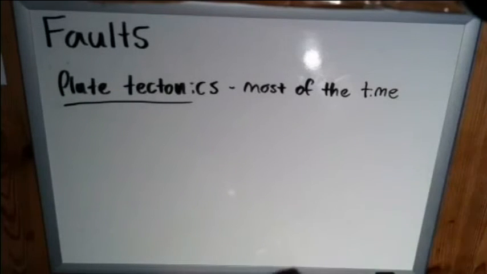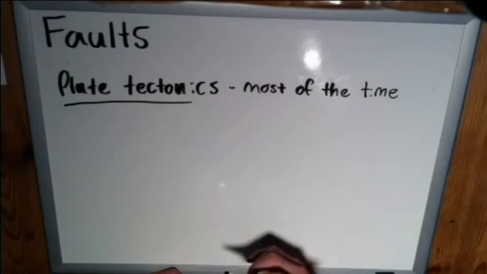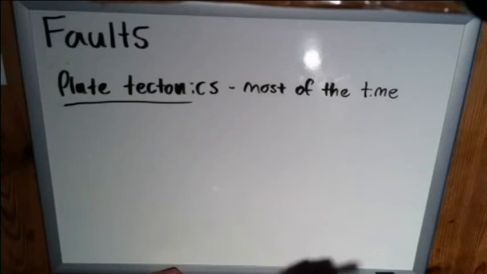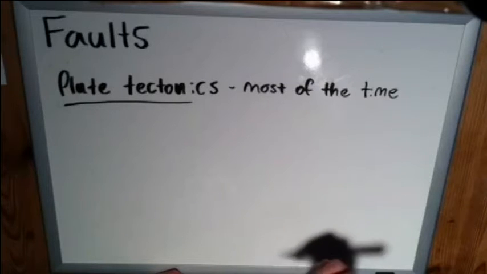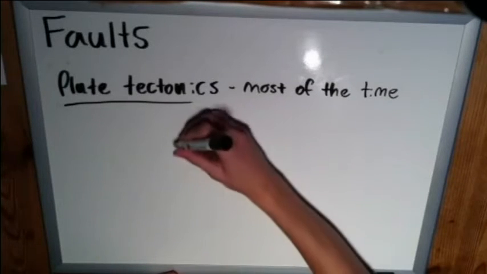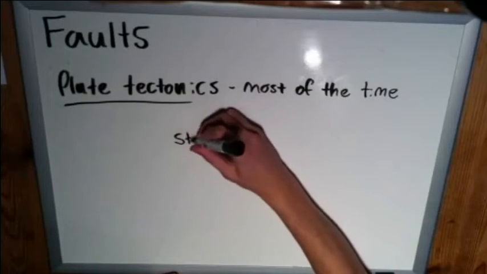But this occurs because, as you hopefully are aware, the Earth is constantly in motion, and you'll have plates moving over, moving under, scraping past each other. But this doesn't happen in a very lubricated fashion. It's more like they're grinding against each other, and as pressure builds up, eventually it's released in a giant burst. This type of motion is described as stick-slip.